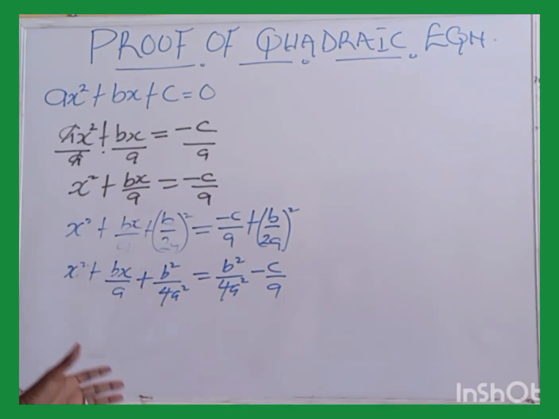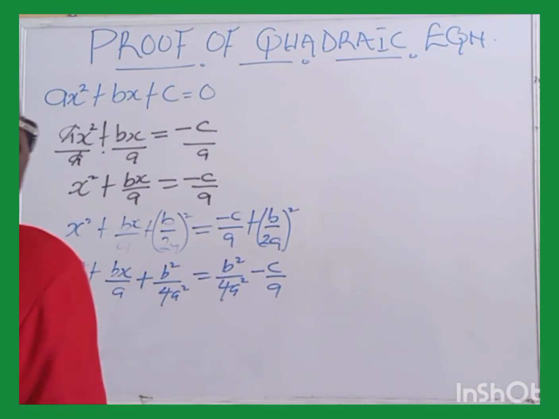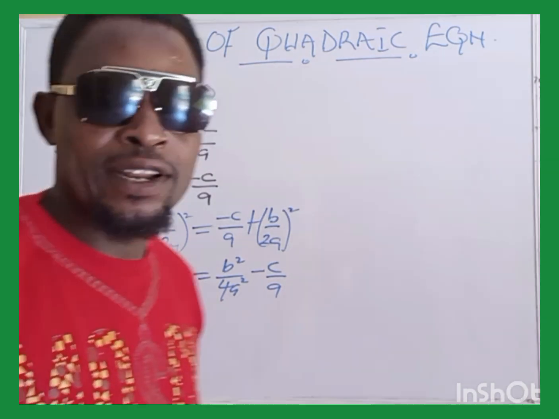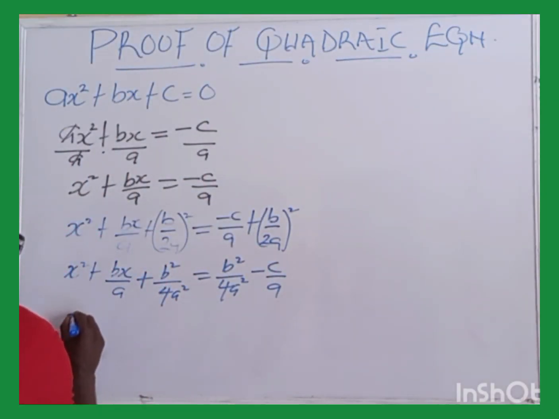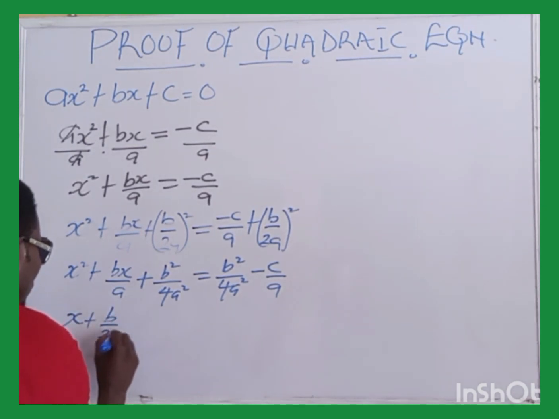So there's no magic in this. We've just opened the bracket, and this time around, looking at this critically, you know that it's a complete square. It's still the same thing as x plus b all over 2a, squared.